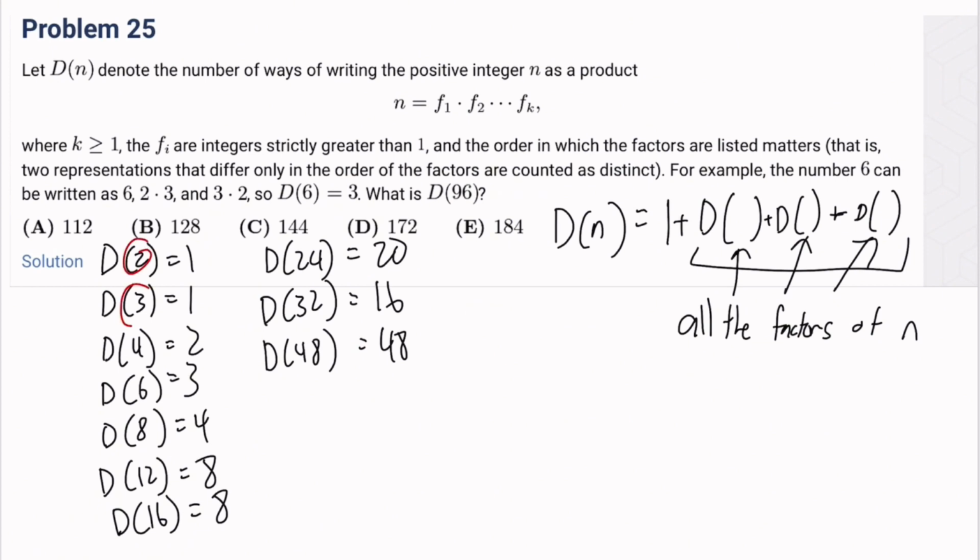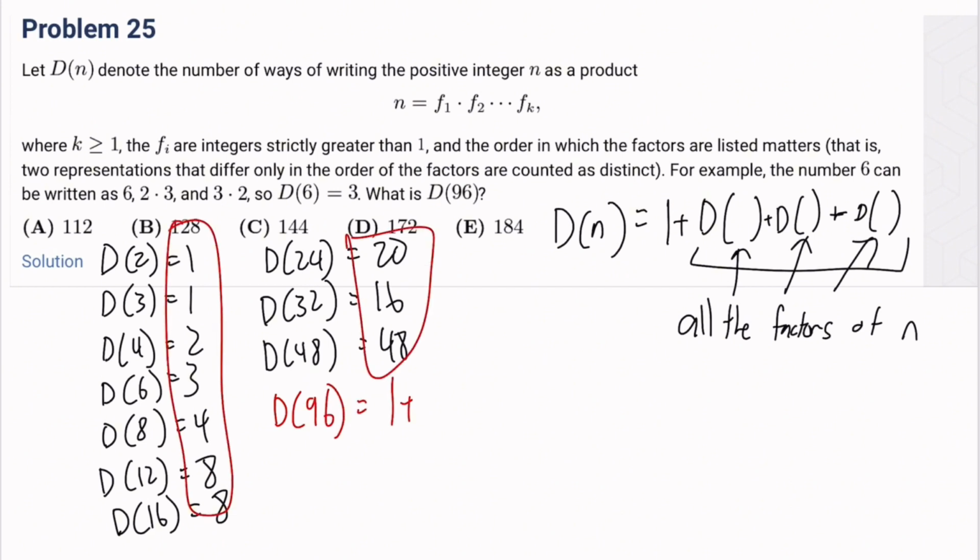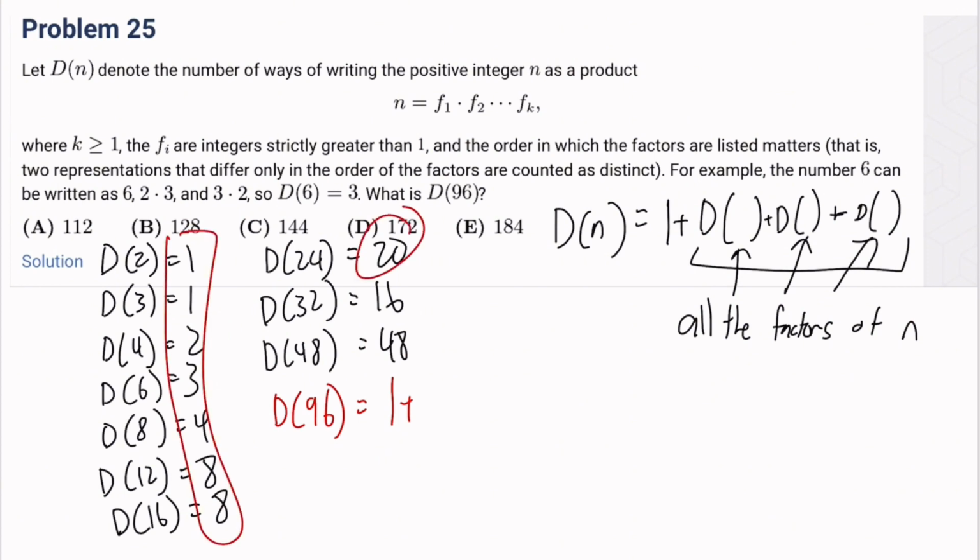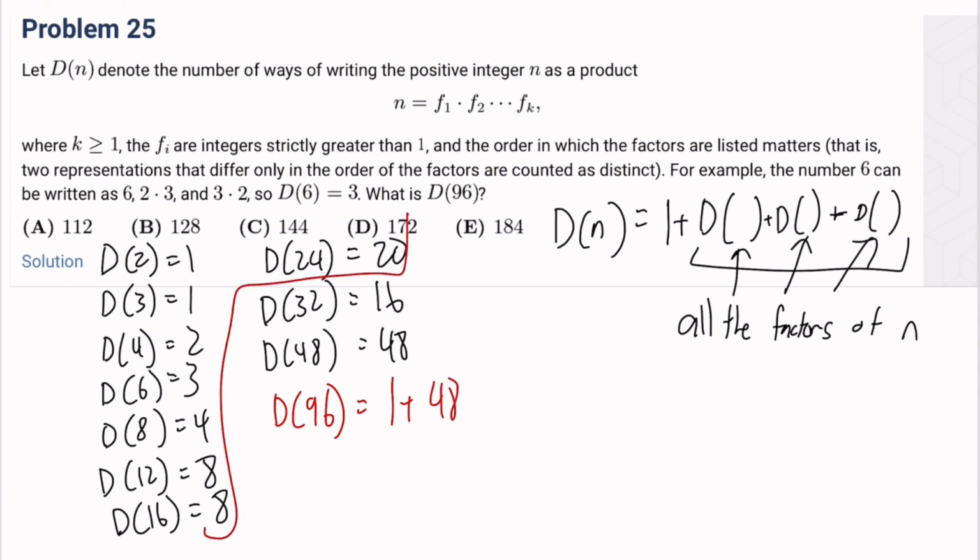And then if you see, these are all the factors of 96: 2, 24, 32, and 48. So d96 equals 1 plus all of these added together. All of these added together until d24 was 48, so we have 48 until d24, and then we have 16 here plus 48 here.